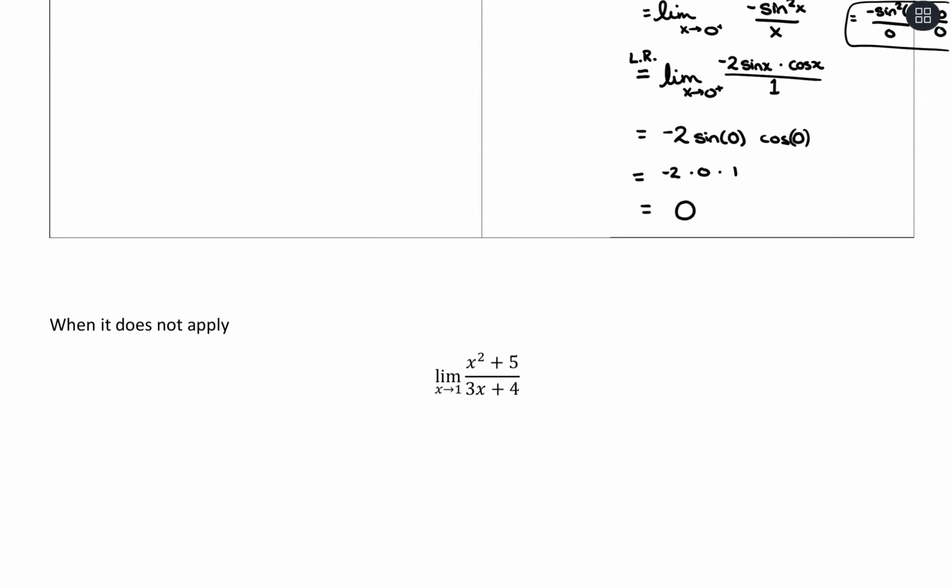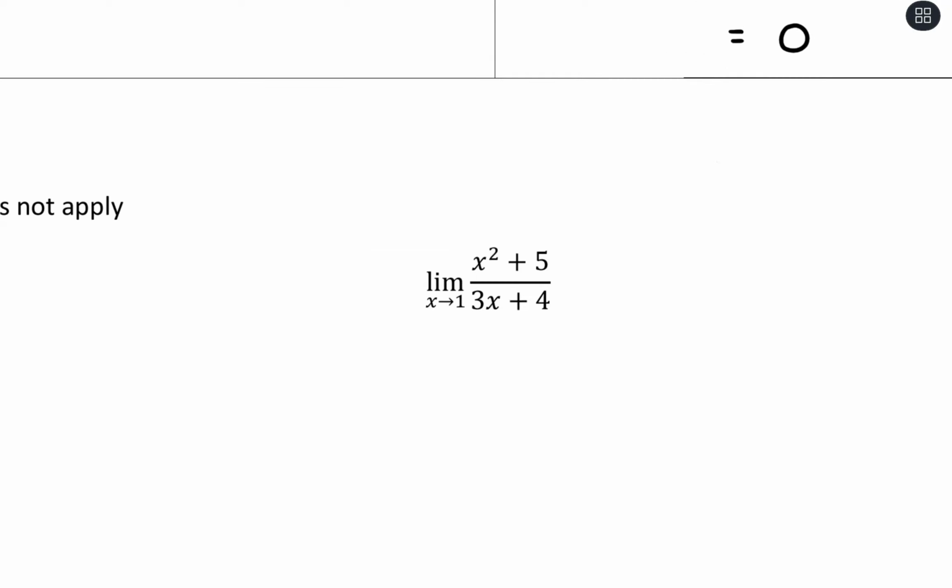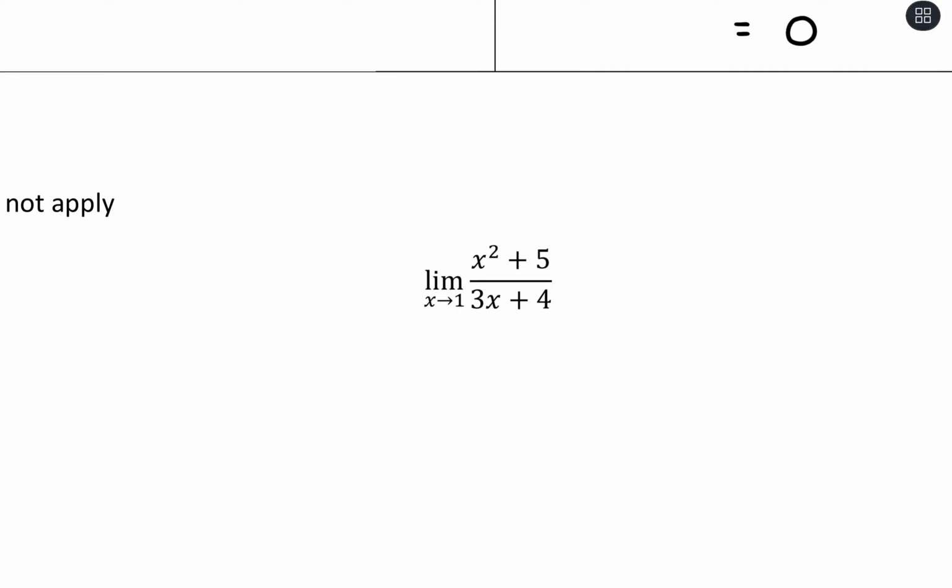And all of this to end with, just keep in mind the cases where you don't need L'Hopital's rule. What we should always do is try to plug in first. So like plugging in x equals 1 here, so 1 squared plus 5 over 3 times 1 plus 4. Well, that's 6 over 7, and we're done. That evaluates the limit right there.